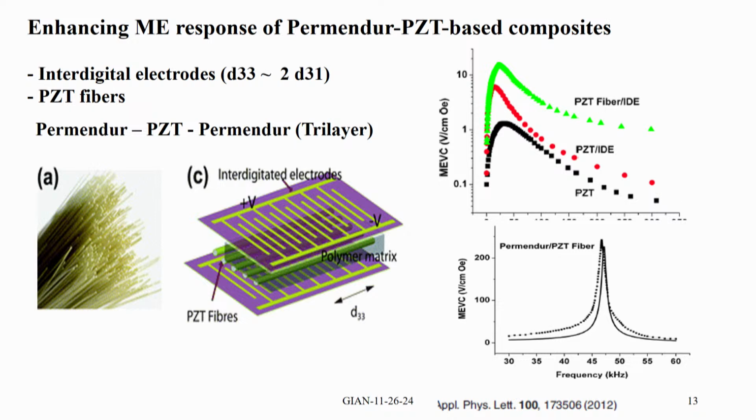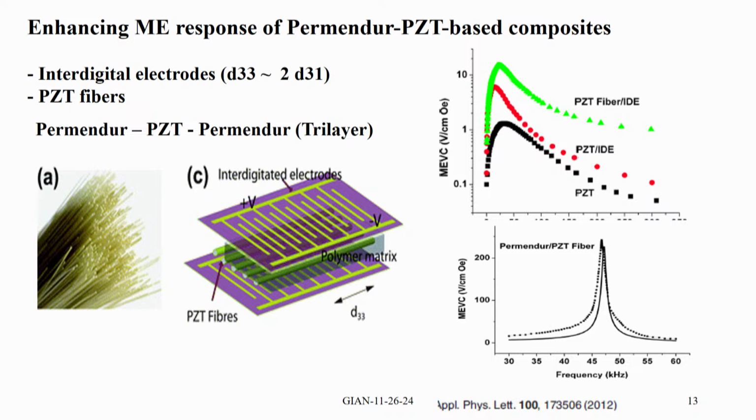As you see here, the fibers have the highest voltage coefficient, and the bottom one shows the resonance magnetoelectric effect, and these are also due to the longitudinal resonance mode. And look at the value here, it is more than 200 volts per centimeter Ørsted.